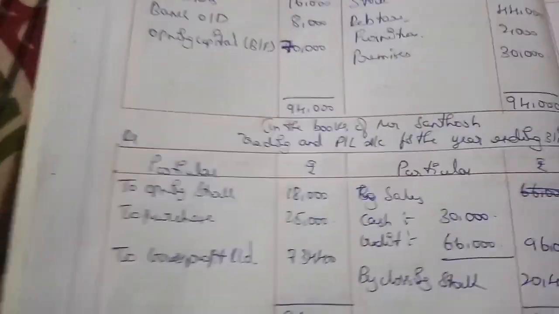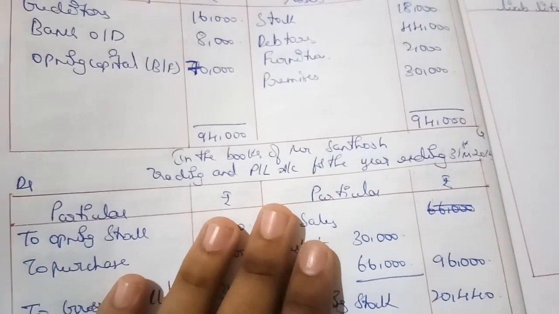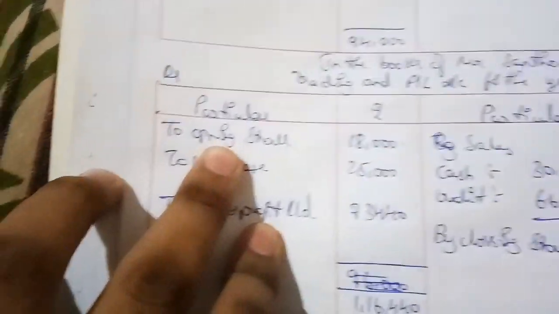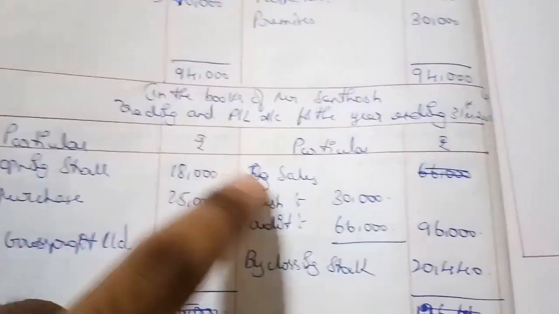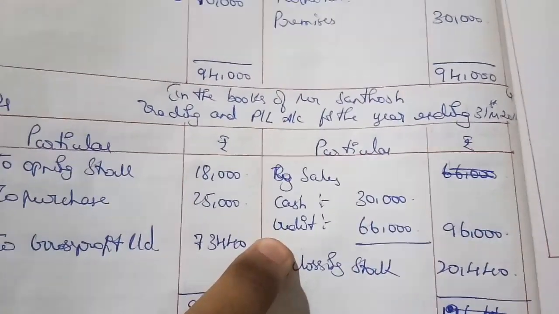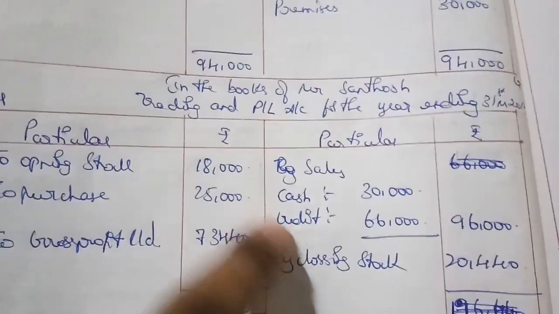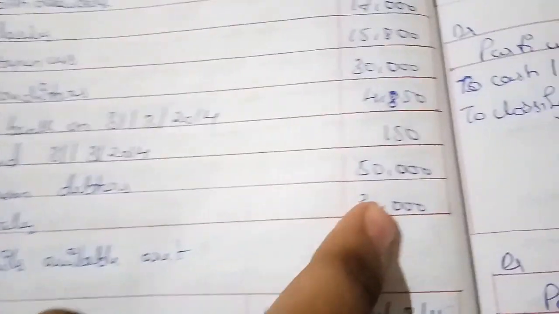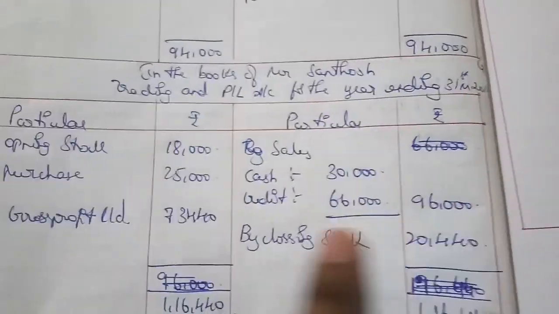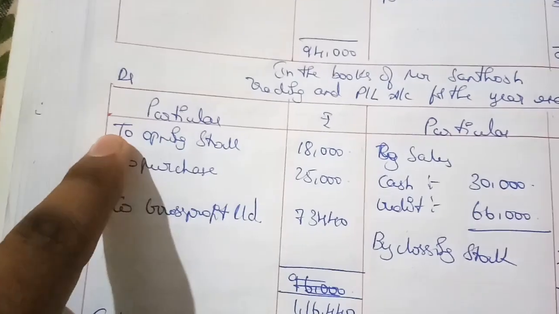Now let's move to the memorandum and the trading and profit and loss account. So here opening stock is from the question, and closing stock from the question only. Credit sales from the total debtors account, yes, and cash sales from the question. See here, at last they have given cash sales 30,000, which we have taken here. The total is 96,000. Closing stock also we have taken here.